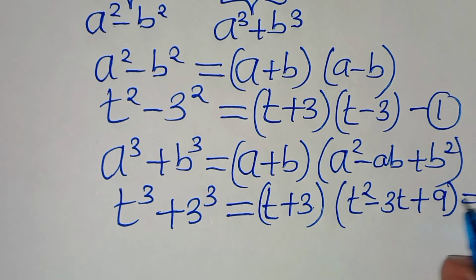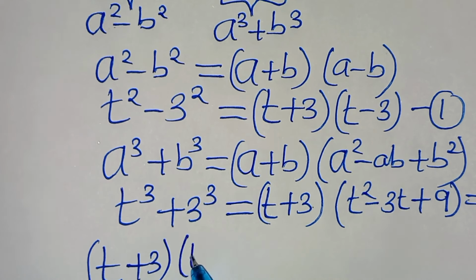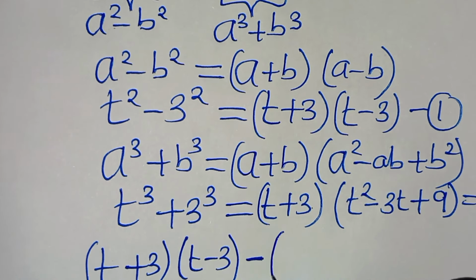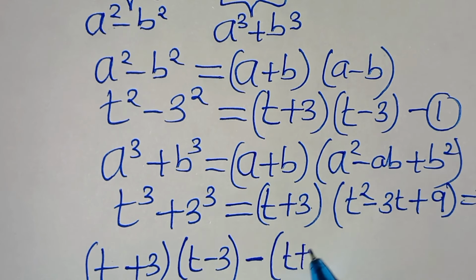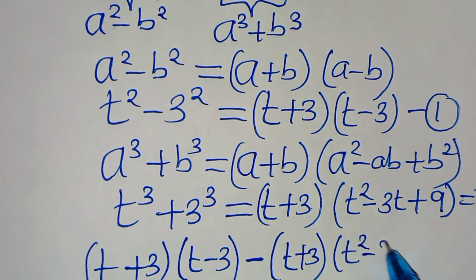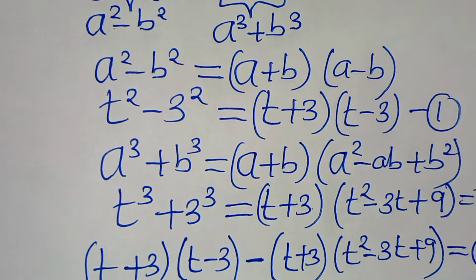Now, we can combine these two so that we have t plus 3, then we have t minus 3, then subtract here we have t plus 3, then we have t squared minus 3t plus 9. This is equal to 0.